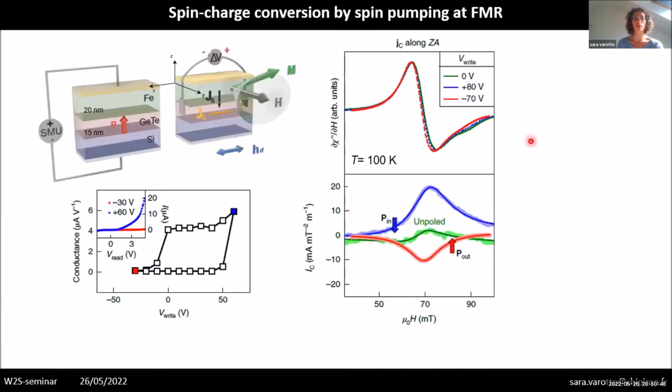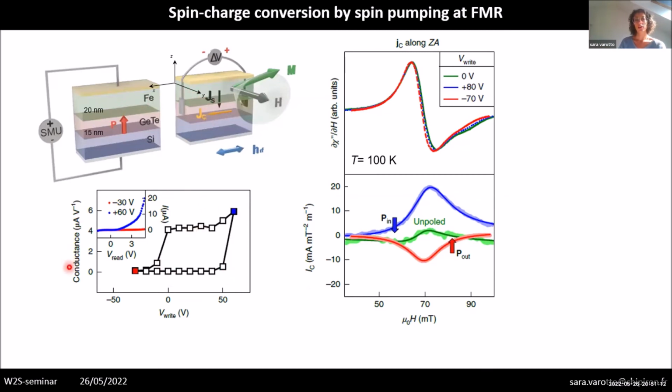To do so, we combined once again the possibility of changing the polarization of the material by means of a gate, together with the spin pumping at ferromagnetic resonance technique. We use iron as a spin injector and as the top electrode of our system. At the same time, while changing the ferroelectric polarization, we are also measuring the spin to charge conversion efficiency.